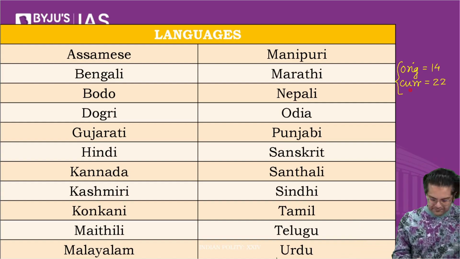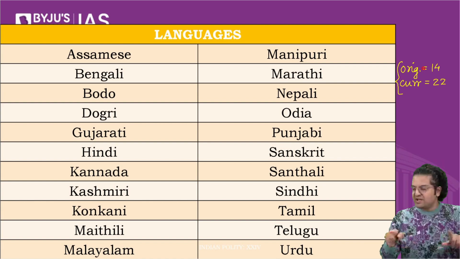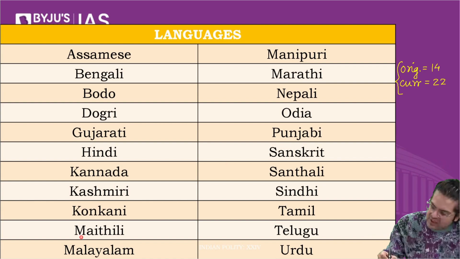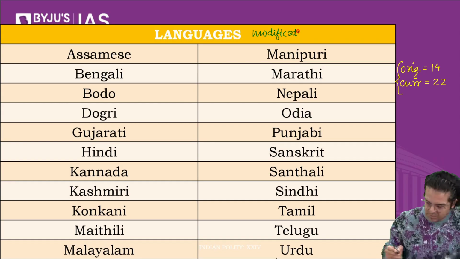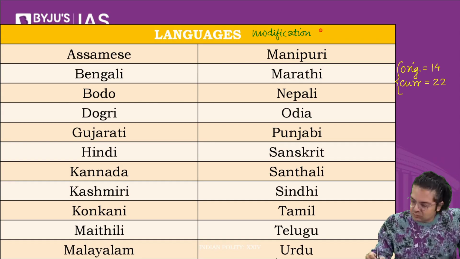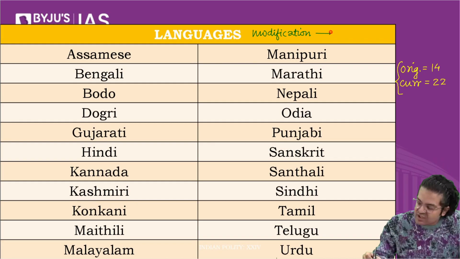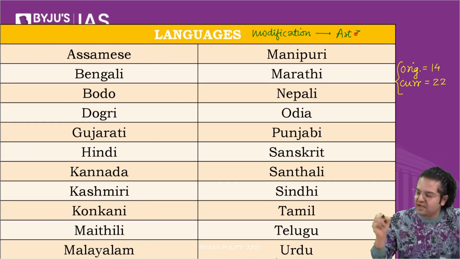One more thing. If you want to make a change in the 8th schedule, any kind of modification, whether you want to add a language or remove a language or even change the spelling of a language, Article 368 is required.